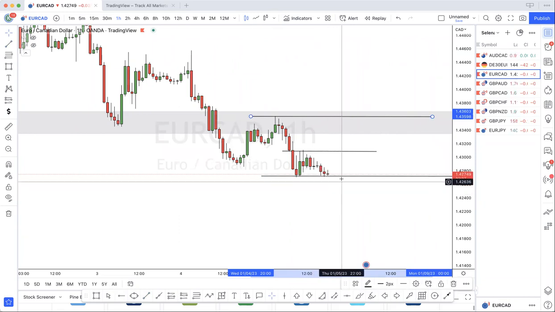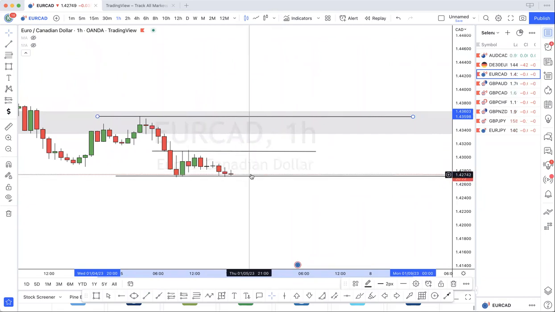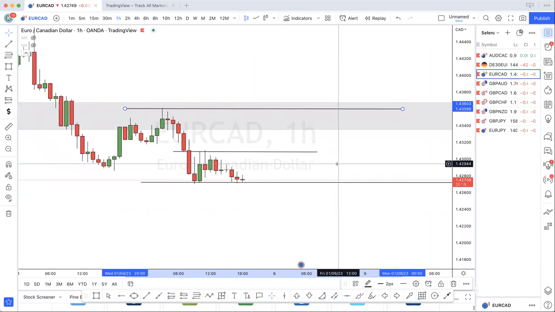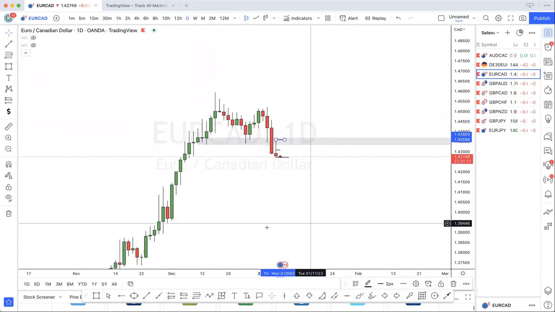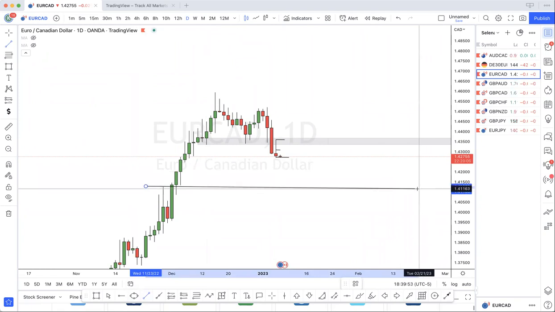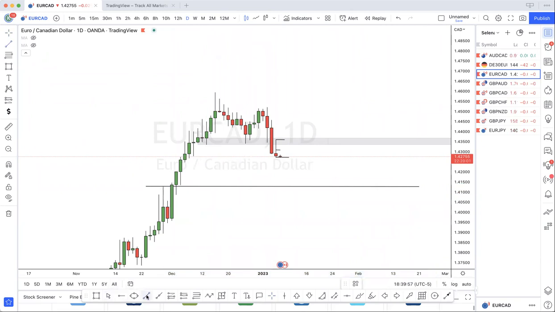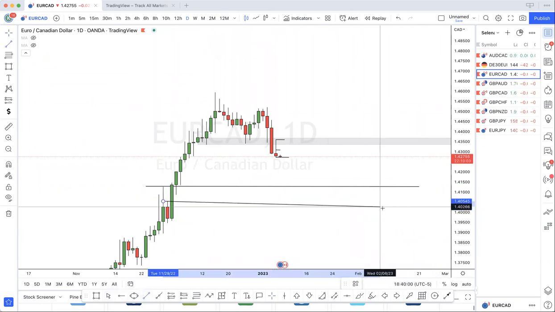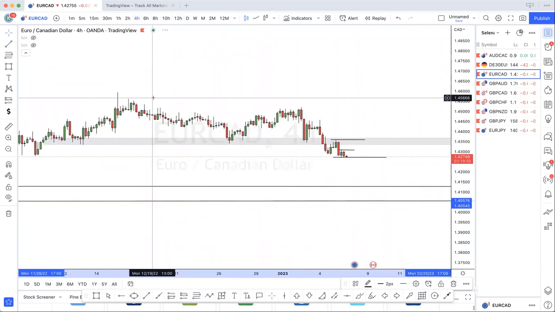So if it breaks here, this is an order block right here, so you look for price to come back and continue selling down, at least to here, here. And when I go down to my 4 hour, you'll see why I marked that up.